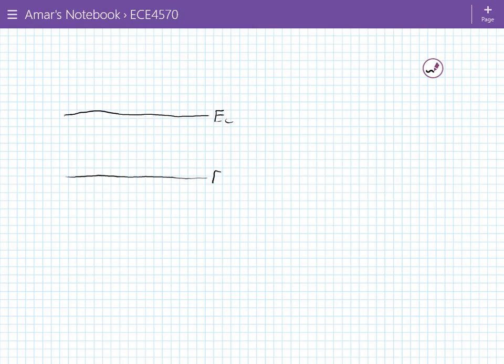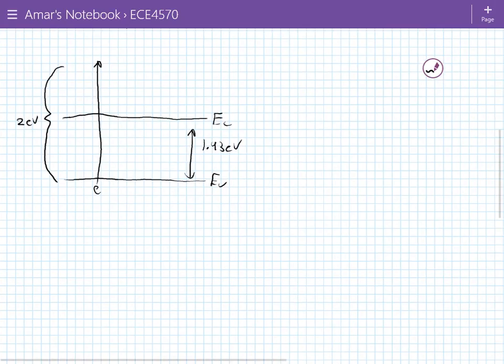E_V. So the distance here is 1.43 electron volts, and this is 2 electron volts. It's losing some energy through scattering events, and then it's falling back down, recombining.